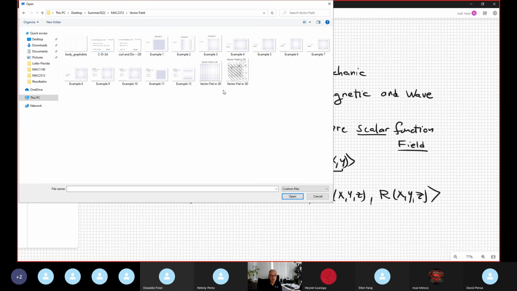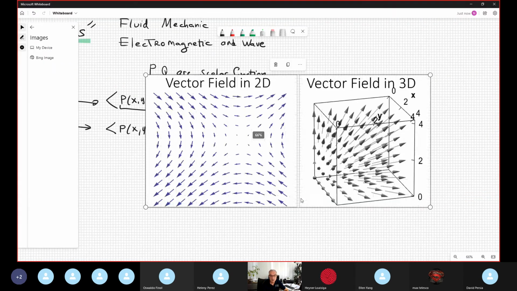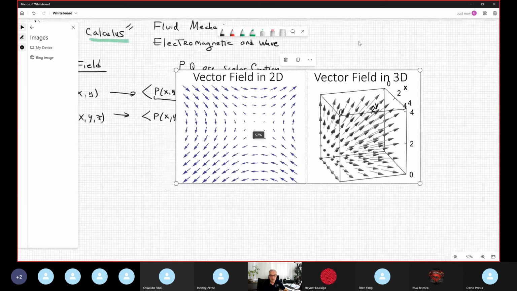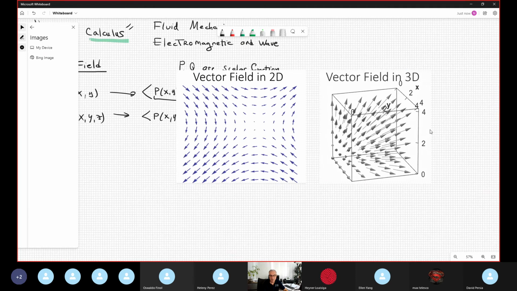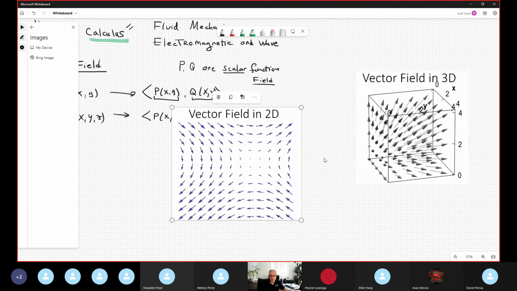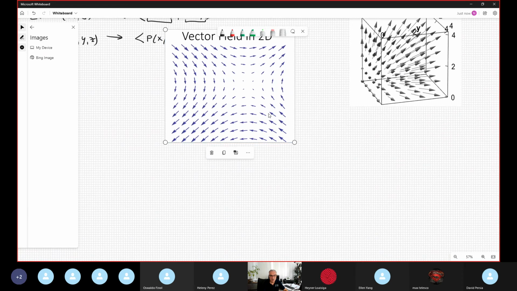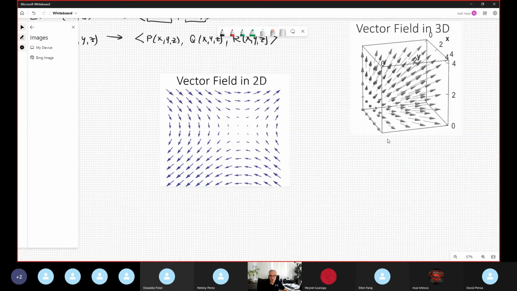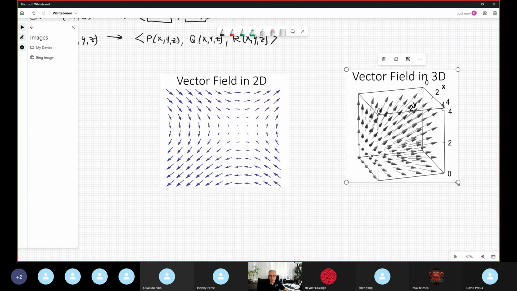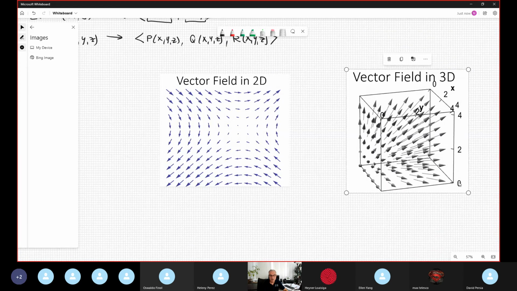For example, a vector field in 2D and a vector field in 3D. In the next class, of course, I want to do the sketch of the vector field by hand. But it's not important by hand because we have applications in which you put the vector field you want and you can see it.